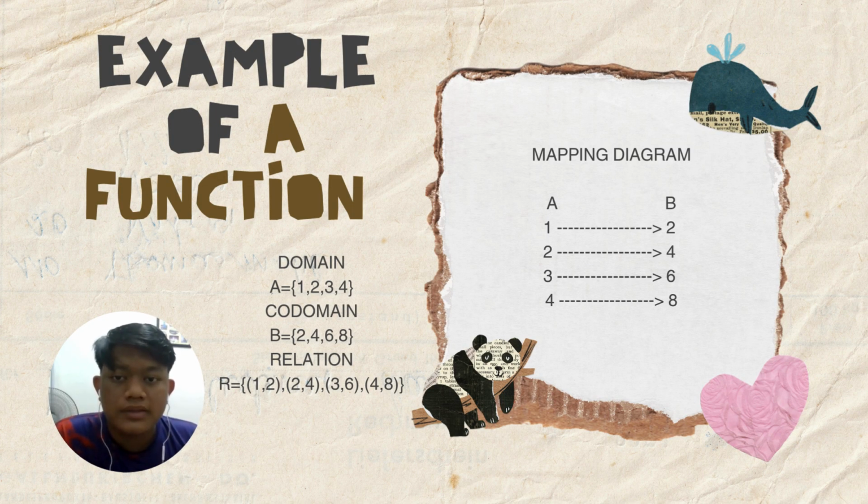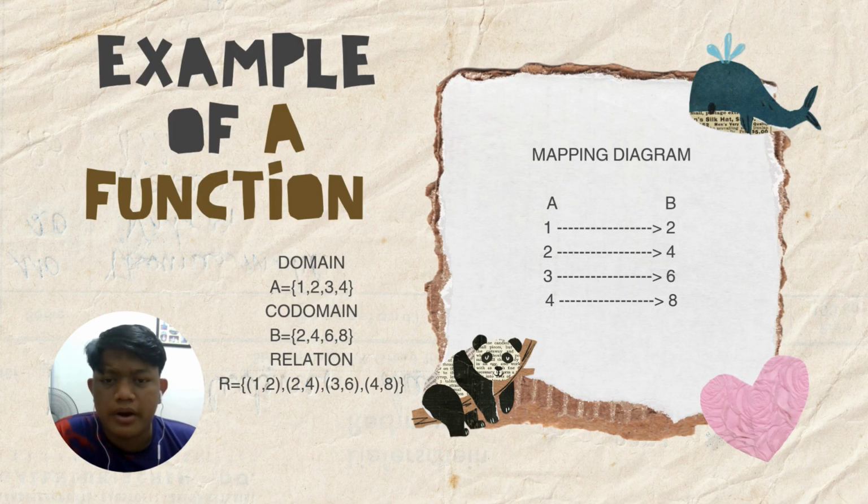Now, let's look at an example. The domain consists of the numbers 1, 2, 3, and 4, while the codomain contains 2, 4, 6, and 8. The relation R consists of the ordered pairs (1, 2), (2, 4), (3, 6), and (4, 8).